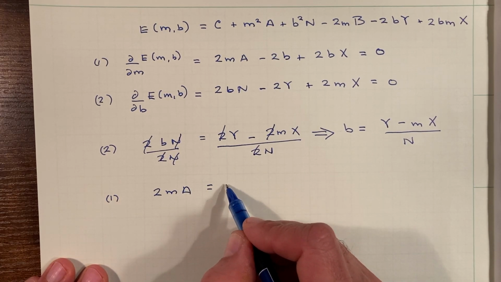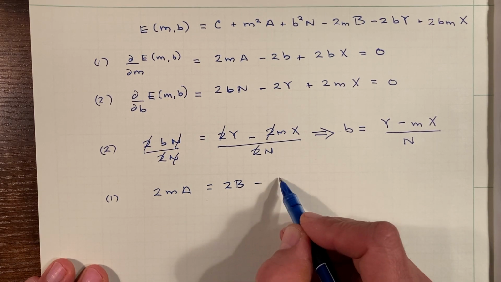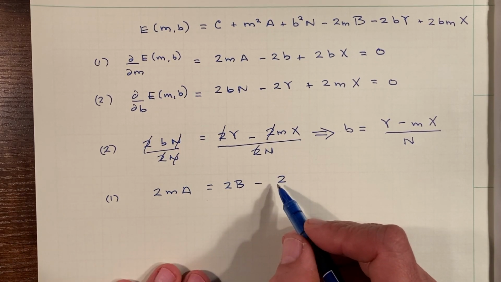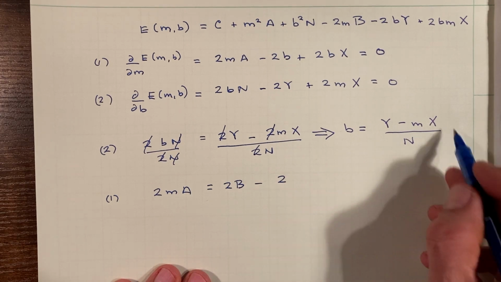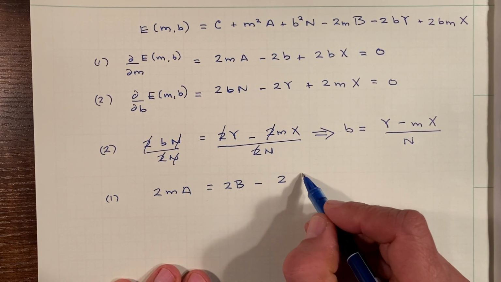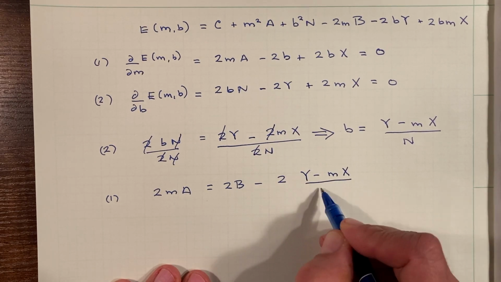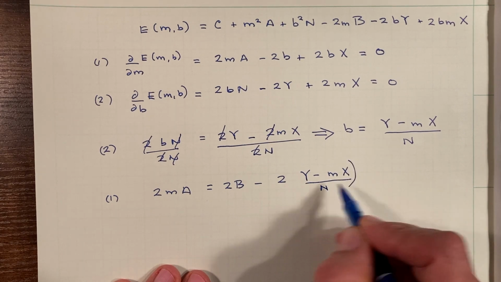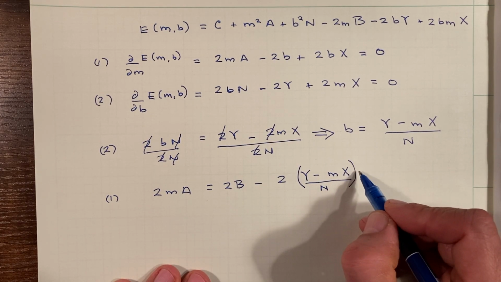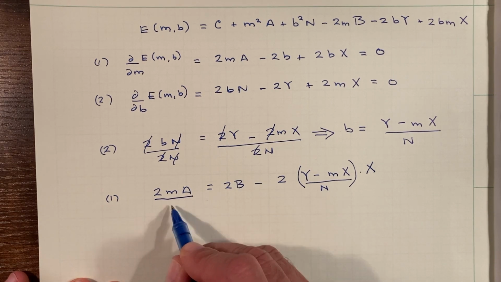2ma equals 2b minus 2. And here we have this quantity here. So what we're going to write is y minus mx divided by n times big X. Now we can divide by 2a.